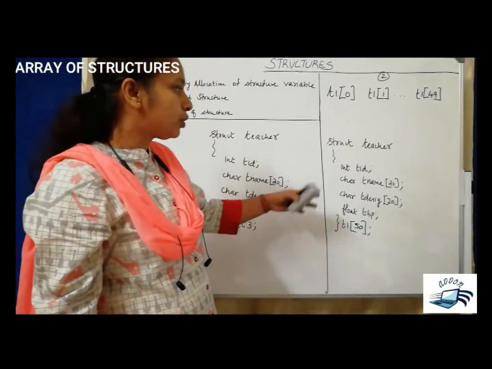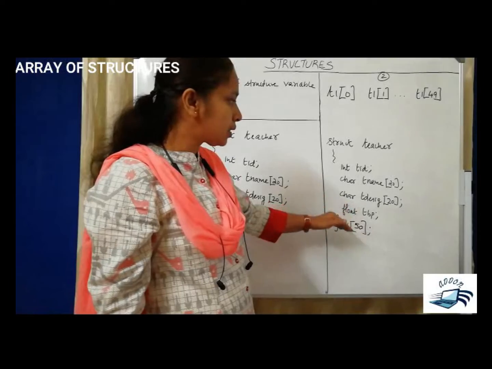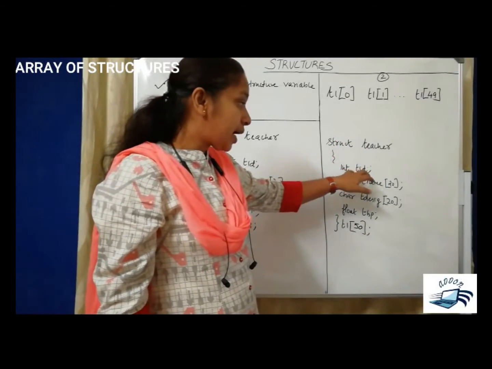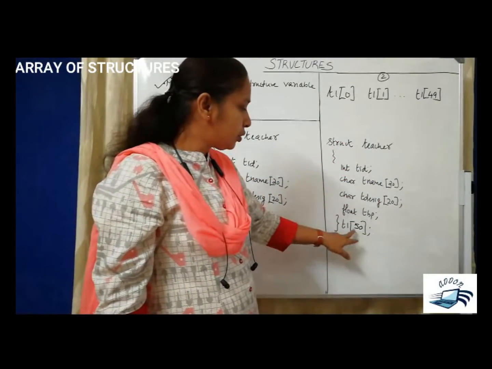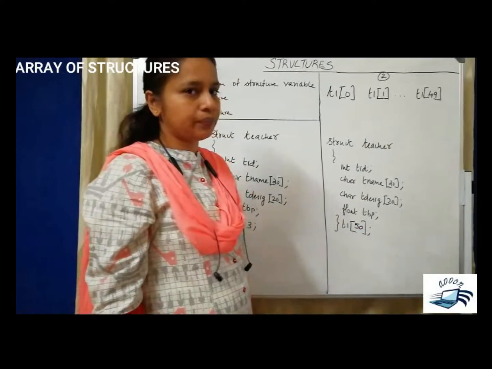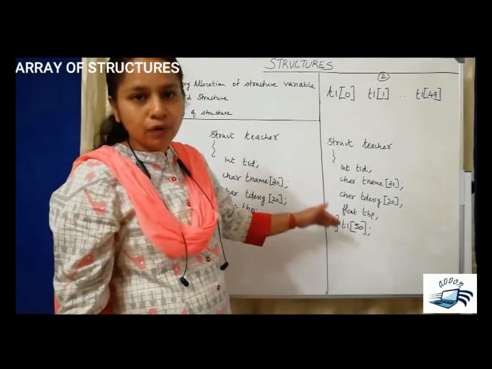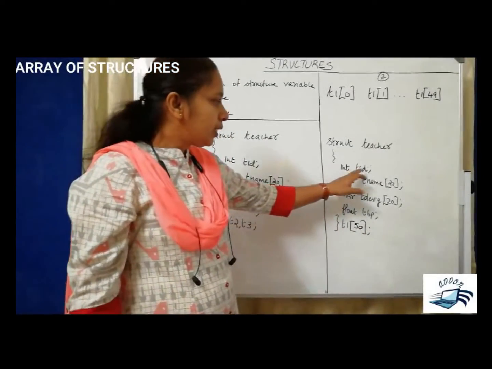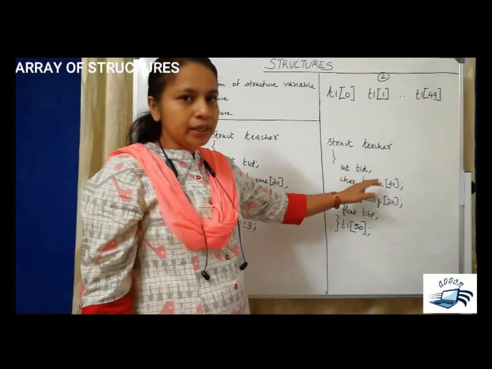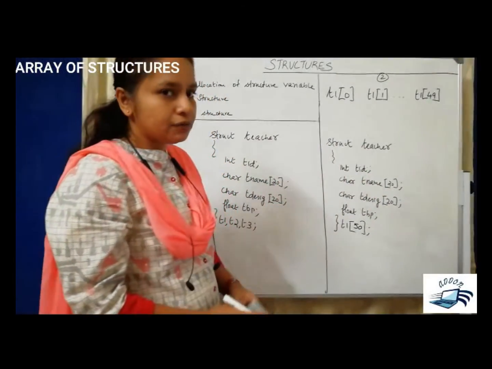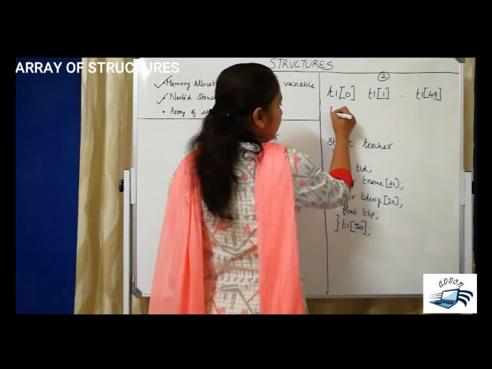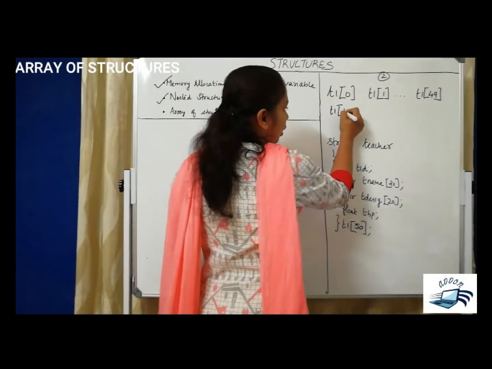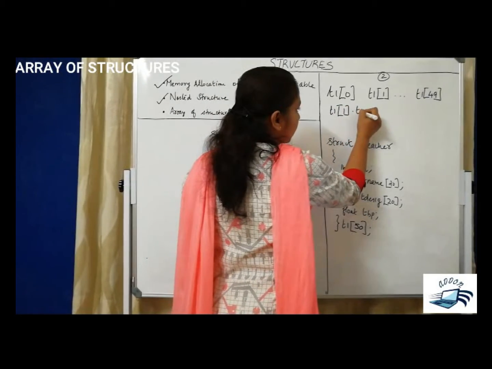Now, next we are going to look at how we can access the details of the data members using this array of structure. For example, if I want to access the TID, that means the teacher ID of the second teacher, I have to write T1 of 1 dot TID.